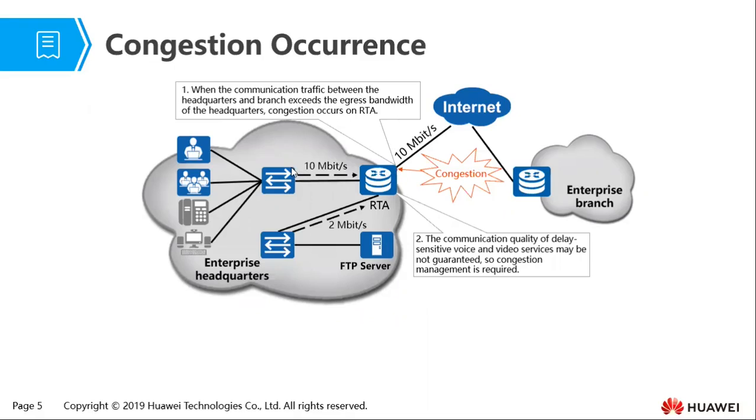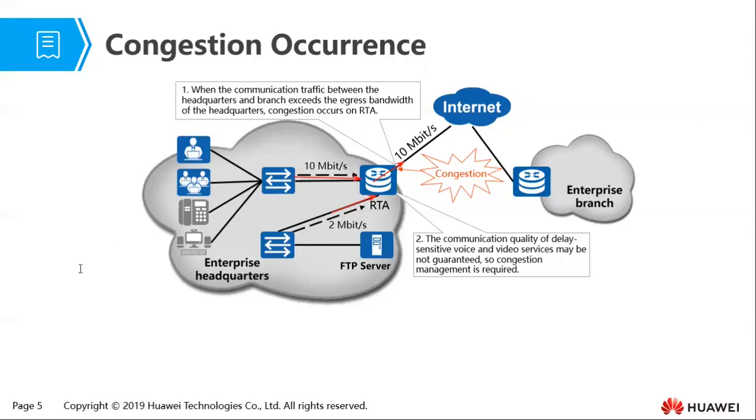You have 10 megabits per second and 2 megabits per second, so that is 12 megabits per second, but here you only have 10 megabits per second. So congestion can occur there.